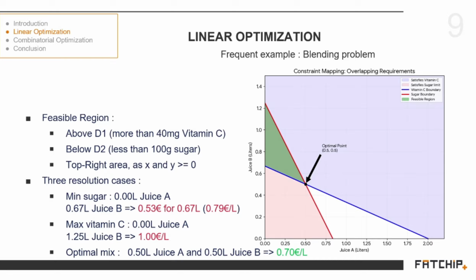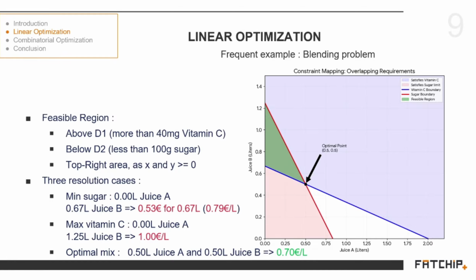That ends up in 70 cents per liter at the end, and that's where the two lines are crossing and the dot is pointing on the graph. So that's basically how the algorithm is trying to narrow the solution until finding the one that is supposedly optimal, again according to the constraint that we set.